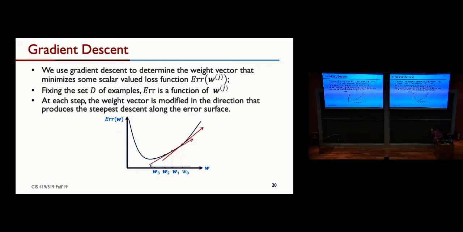All right, so you reach this point w1. And similarly, you would compute the gradient there, and you will make these small stochastic steps, right? Okay, so this is the founding algorithm that will be used for learning these neural networks.